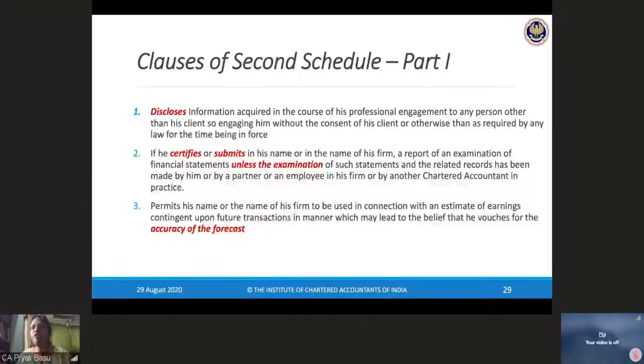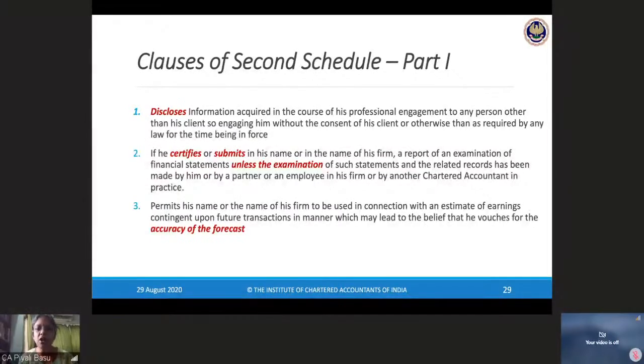You have to be careful about the percentage by which the forecast may be off the mark. You cannot say plus minus 50%. No, that's a rubbish forecast. But we cannot vouch for the accuracy of the forecast. That's gross misconduct. So keep that in mind.